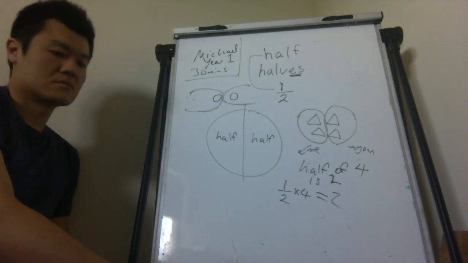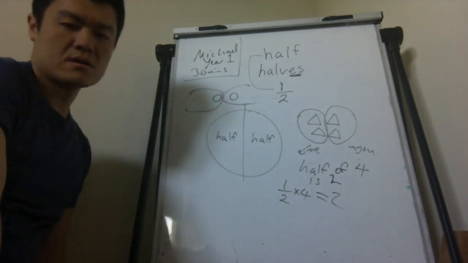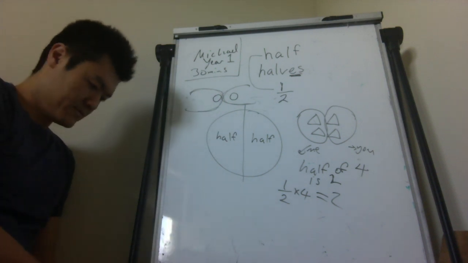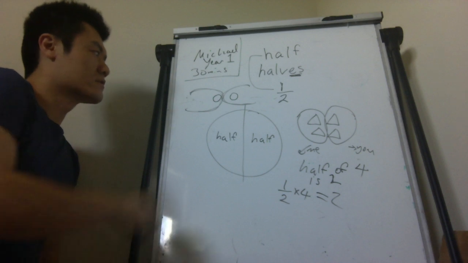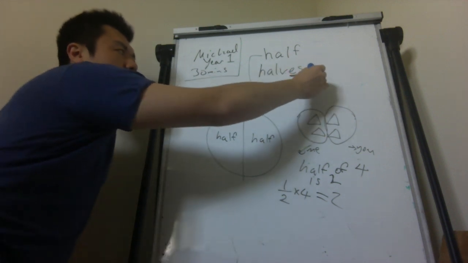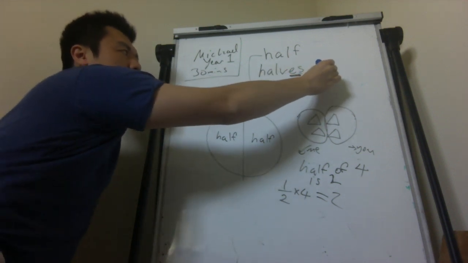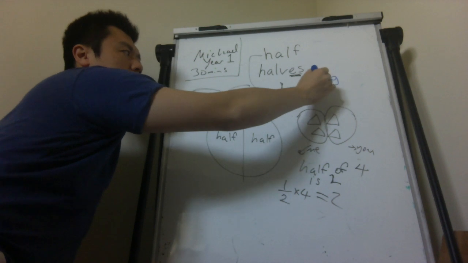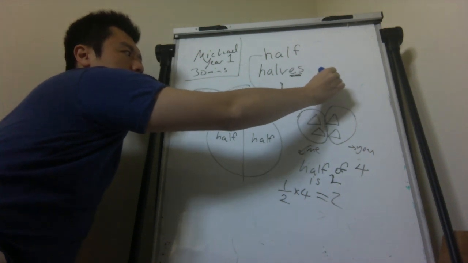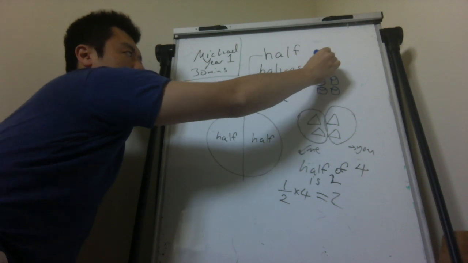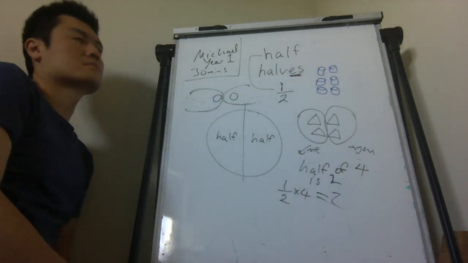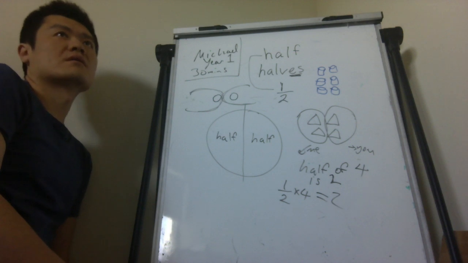Okay. Where'd you learn that? Oh, good. Okay, so if you have 6 things, and you say you can split them into 3, right?